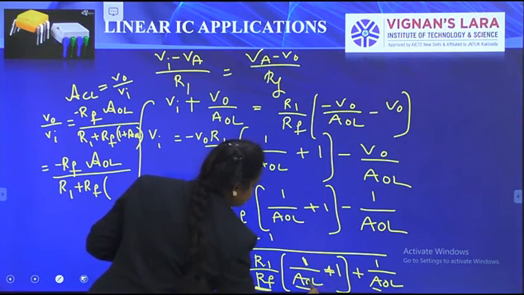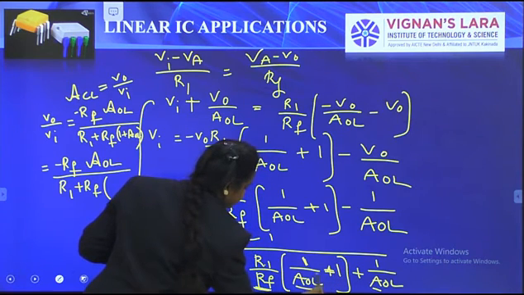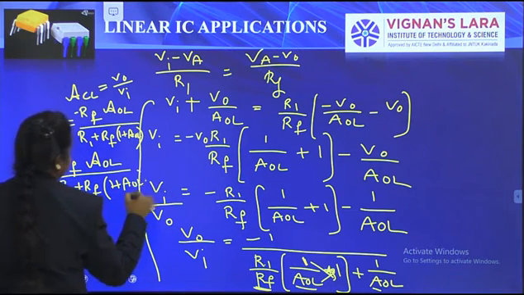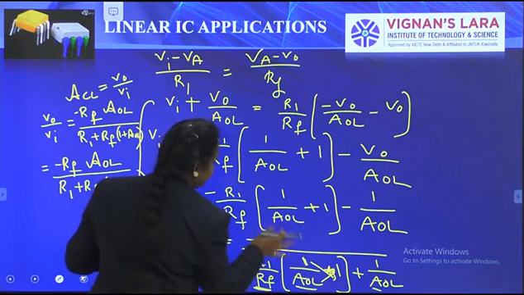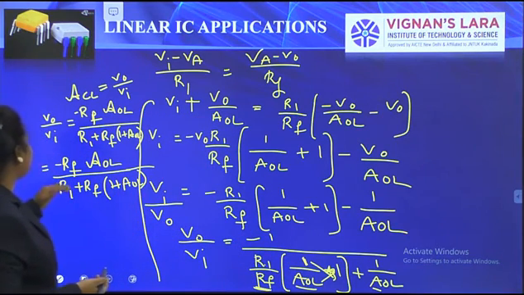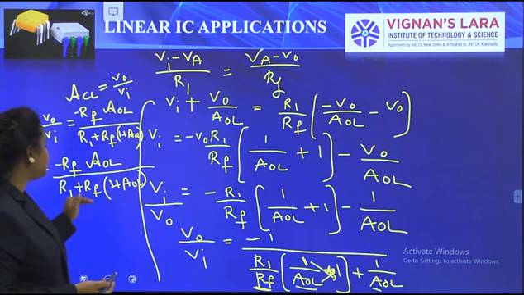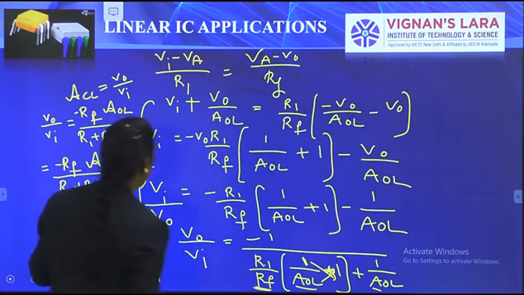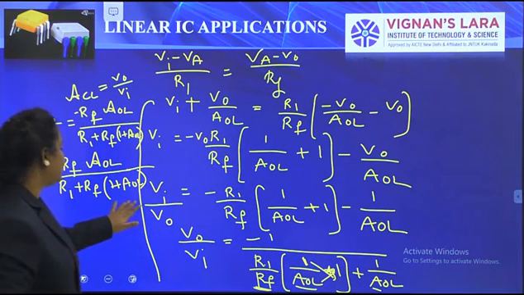Dividing terms go to the numerator side, so we get an answer like this: minus RF AOL by R1 plus RF of 1 plus AOL.